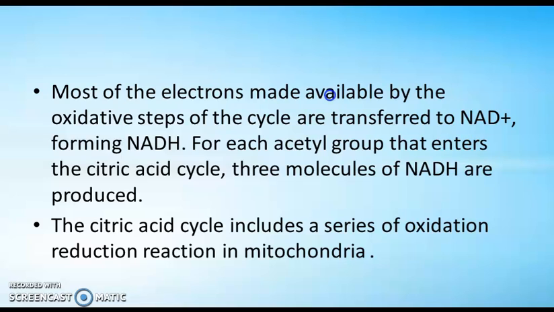For each acetyl group that enters the citric acid cycle, 3 molecules of NADH are produced as a result of the transfer of electrons to NAD+. The citric acid cycle induces a series of oxidation-reduction reactions not only in prokaryotes but also in eukaryotes, within the mitochondria.